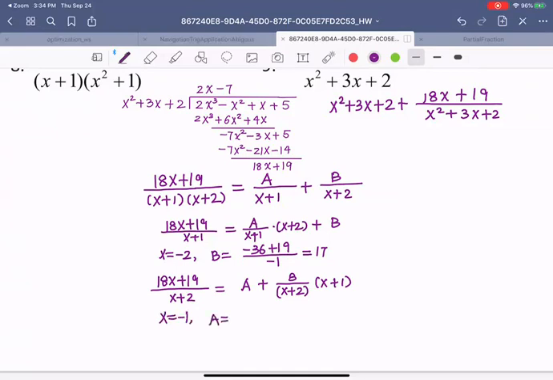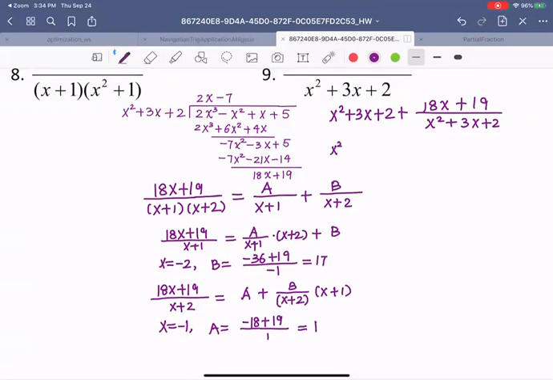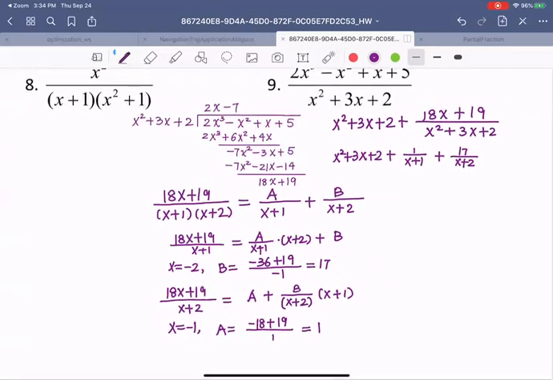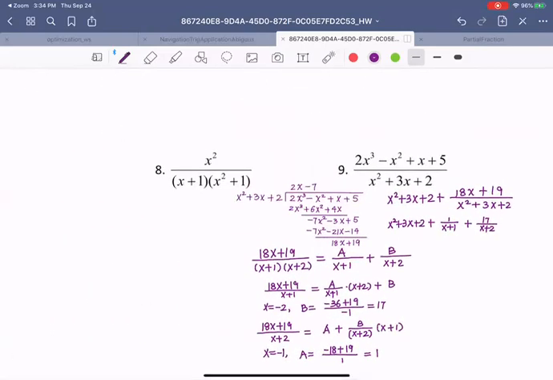Then a equals -18 plus 19 over 1, so that equals 1, okay? So by this way, we can write down our function as 1 over x plus 1 plus 17 over x plus 2.